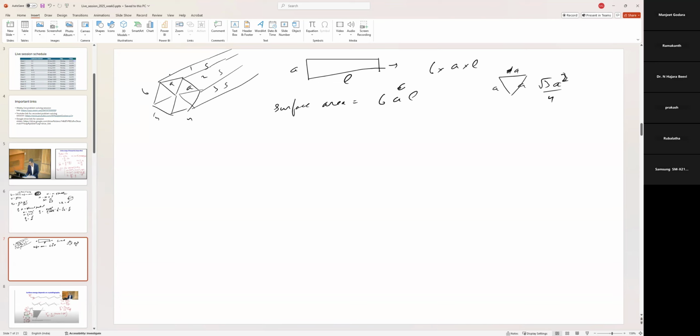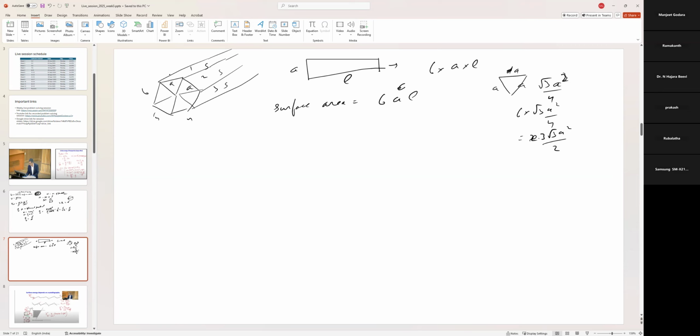Since you have 6 such triangles, the area of the hexagonal face becomes 6 times root 3 A squared by 4, which is 3 root 3 A squared by 2.